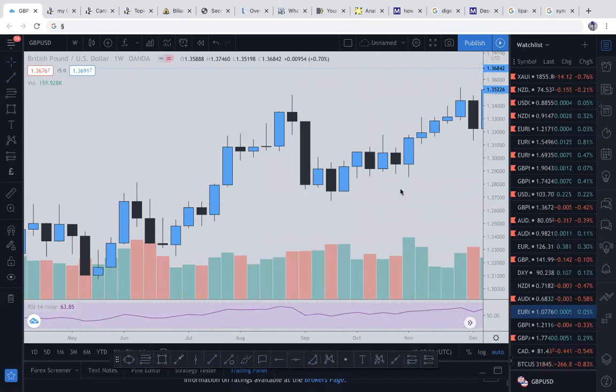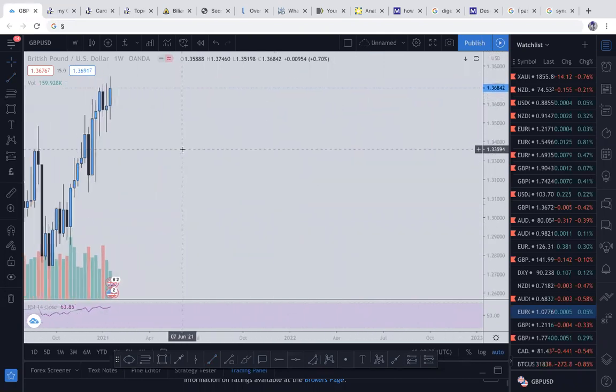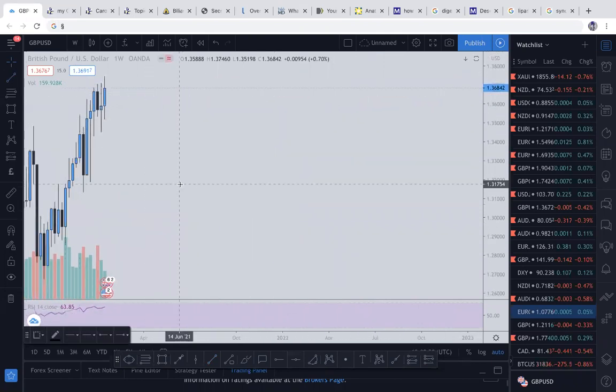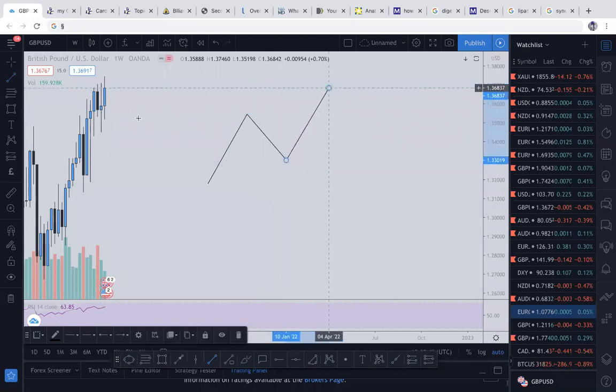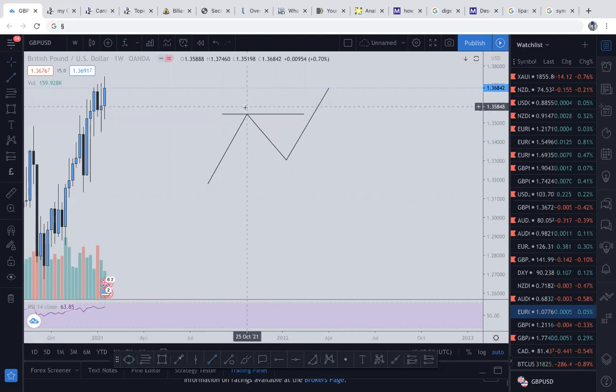So somebody is asking, what is liquidity? Just imagine this shape. There is money here.